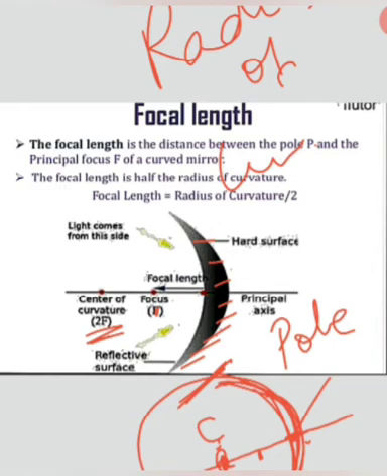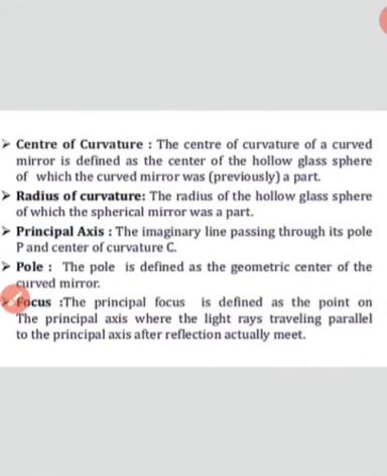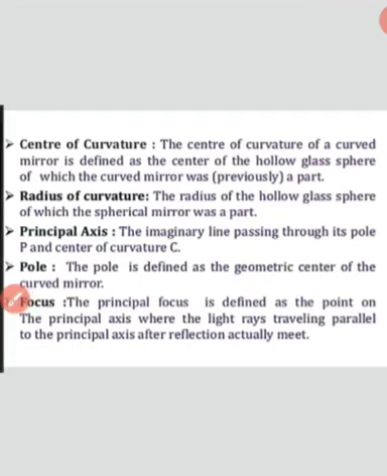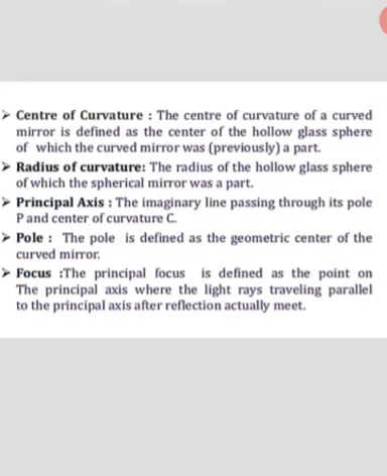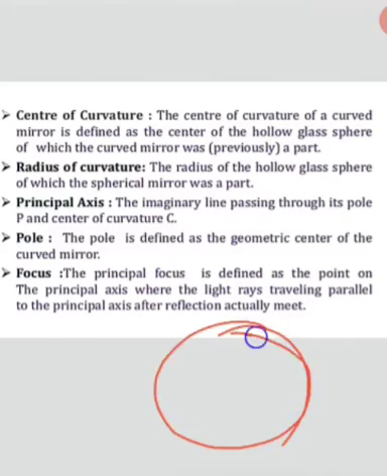The center of the hollow sphere of which the mirror was a part is said to be the center of curvature. Here it is written, the center of curvature of a curved mirror is defined as the center of the hollow glass sphere of which the mirror was a part. Previously it was a sphere and we have cut this much part out, so the center of this complete sphere is termed the center of curvature.